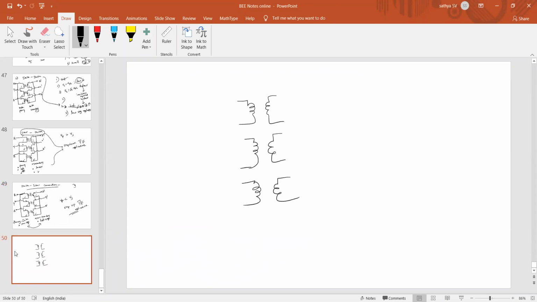Let us take a star delta connection. Where you need to short all the similar ends, they will short, but what they will do is, they will drag like this.